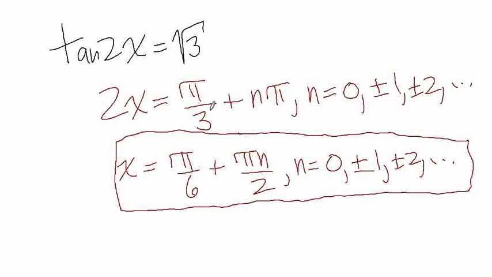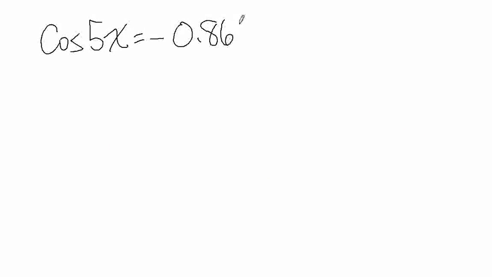All right? Let's do one more. Would you please solve the cosine of 5x equal to minus 0.86? So pause the video and try to solve that now, please. Okay, I'll go ahead and solve it as well.